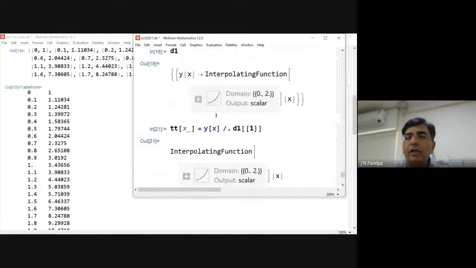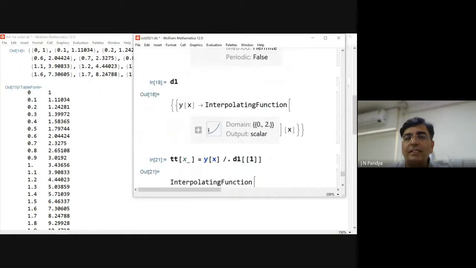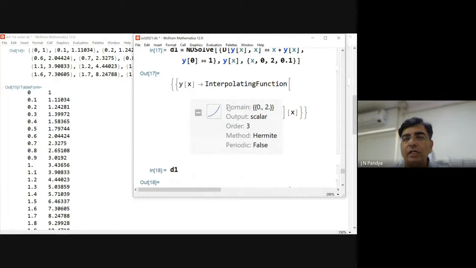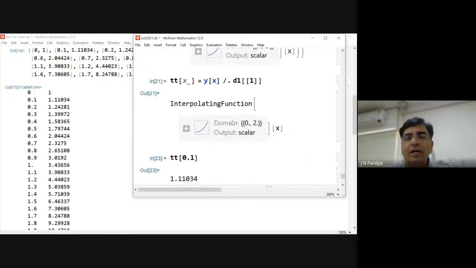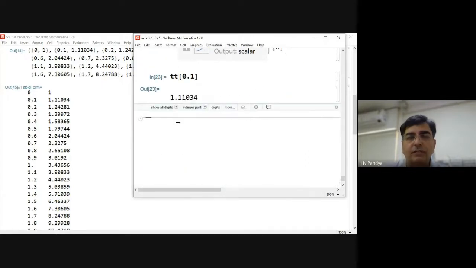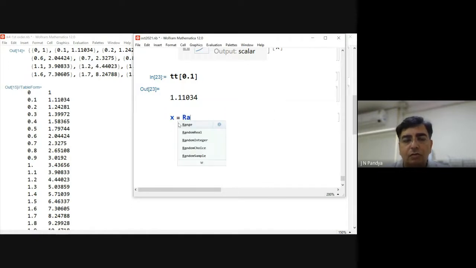Remember, what did I do? I simply extracted that function which I got here in this kind of form, and now I am simply writing those things. Even I can say that my x is equal to, say, range 0 to 2 in steps of 0.1.